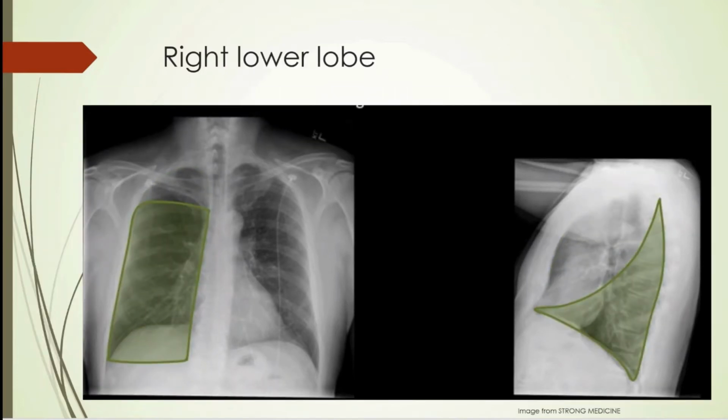And here is the right lower lobe. These don't lie adjacent to each other, they're overlapping. So although it looks like it fills up the whole side of the chest, you have other parts of the lung overlapping this lobe. You can see on the PA on the left and the lateral on the right.